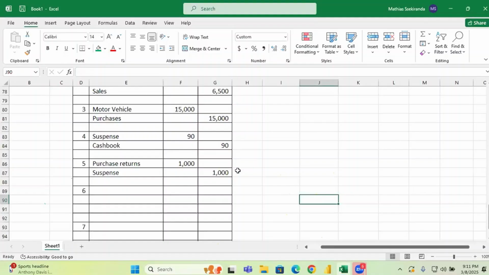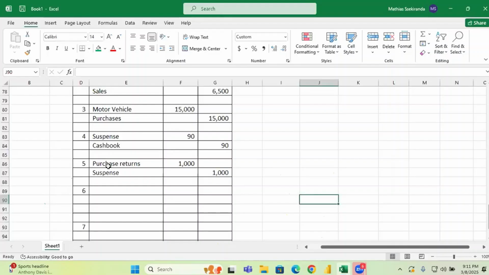I don't know whether you've understood this. Purchase returns, instead of crediting it with 8.8, they credited it with 9.8. So you had to reduce the overstatement by a reverse entry, which is a debit, because purchase returns are always credits. So when you are reducing them, you debit it by the overstatement. Are we together, guys?